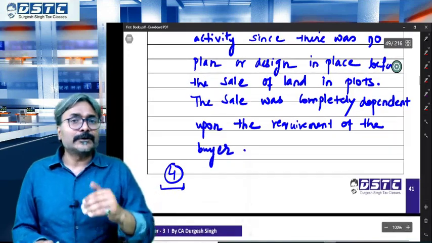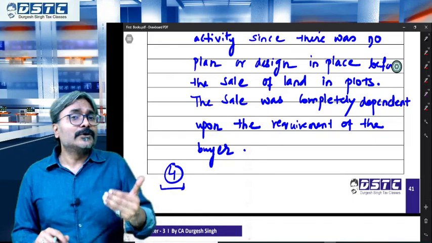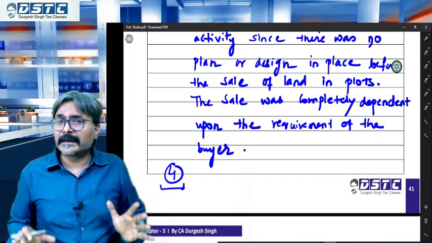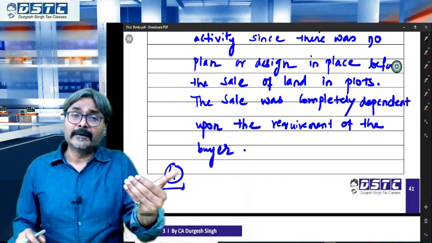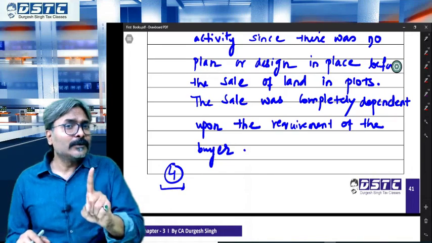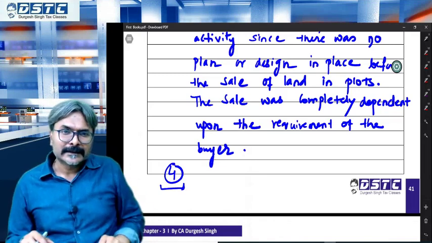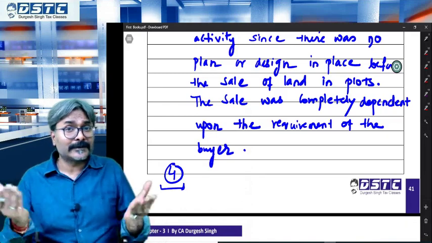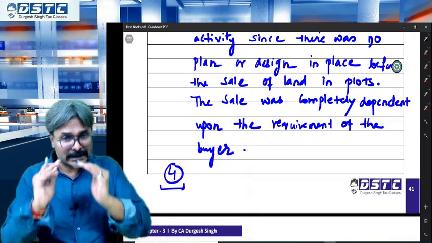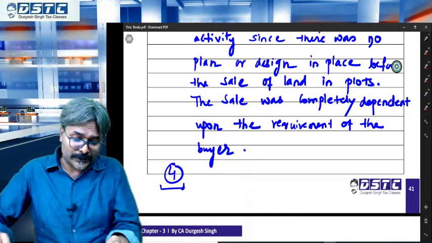So we will make a very conscious attempt in our lectures to ensure that all of you inculcate this skill set with me over a series of classes. This will go a very long way, not only for this paper, but for law, auditing and IDT. This kind of effort is not taken even for the other subjects. Right from the initial class, this is how you should put across the presentation. We will make it standardized so that there is no confusion.